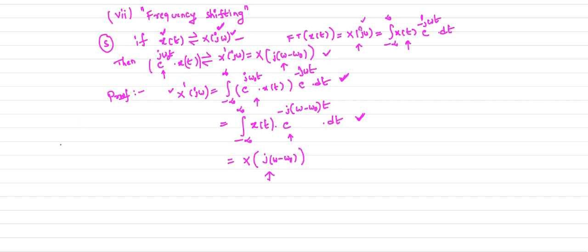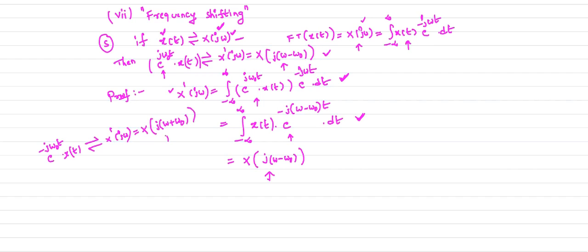Suppose I multiply your signal by e^(minus j omega naught t) into x(t). Now what is my answer? What is my X dash of j omega? My X dash of j omega is nothing but capital X of j of (omega plus omega naught).